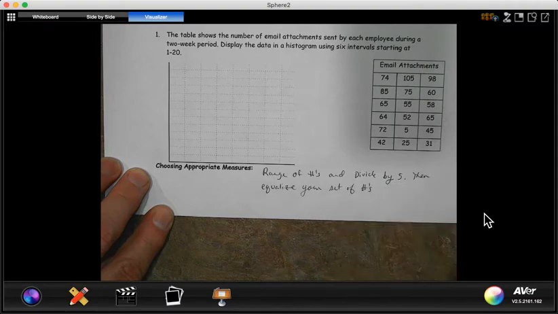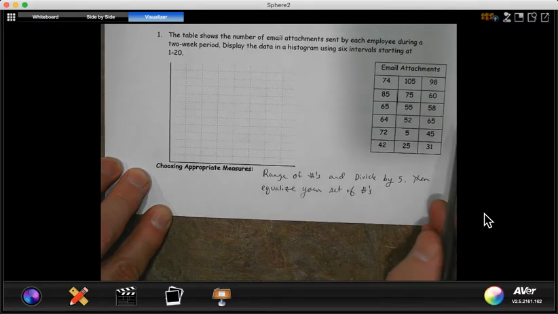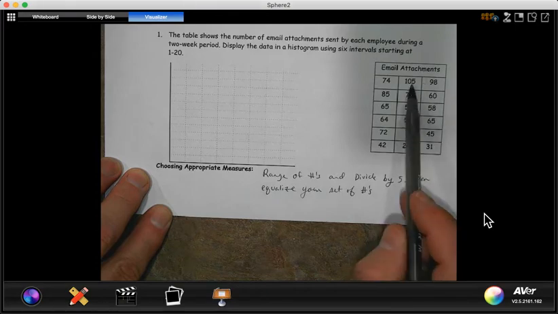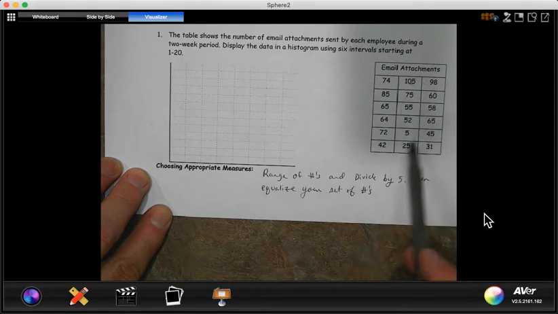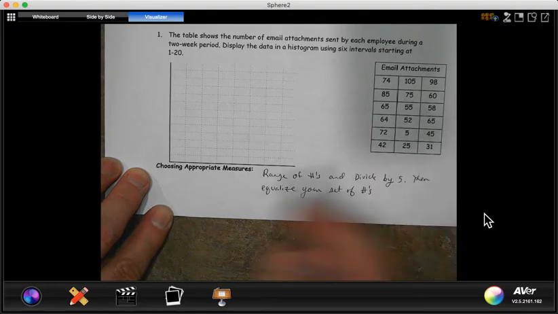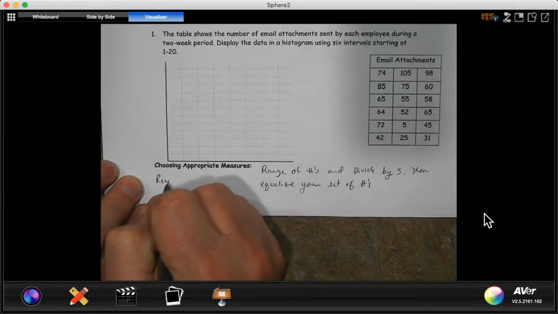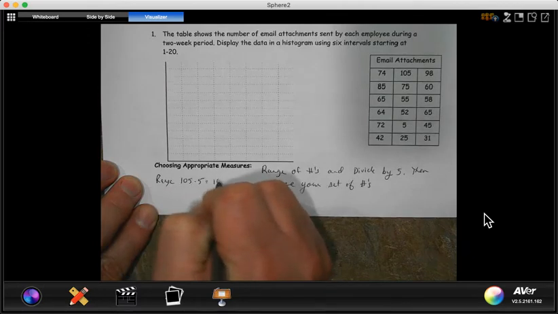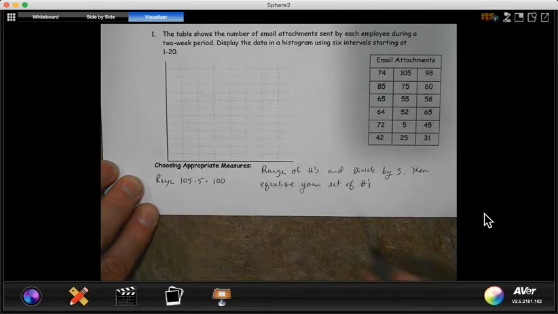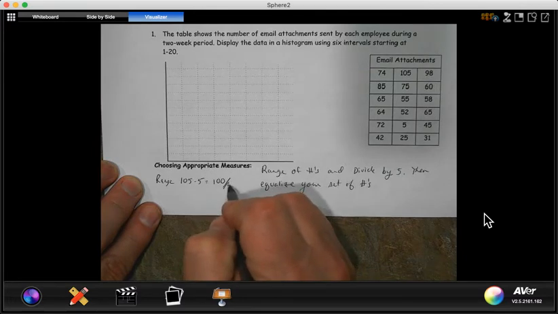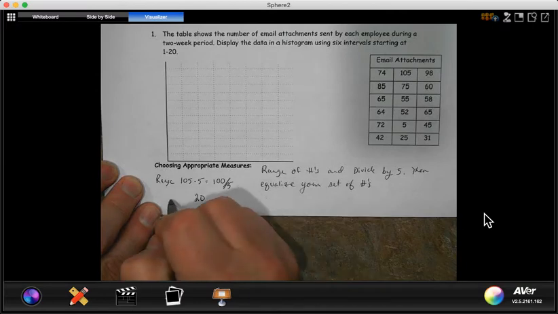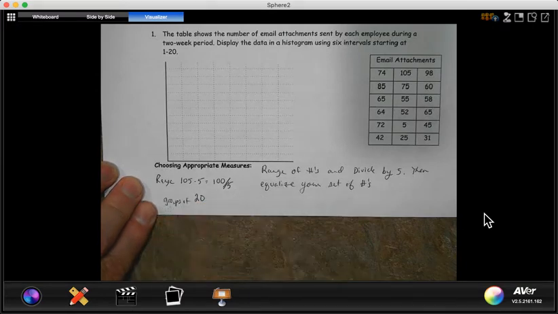Okay. So for this example, the range of numbers is from 105 to 5. So the range is 105 minus 5, which is 100. So the range of numbers is 100. And if I take that and divide it by 5, that means I have 20. So what I'm going to do is create groups of 20.